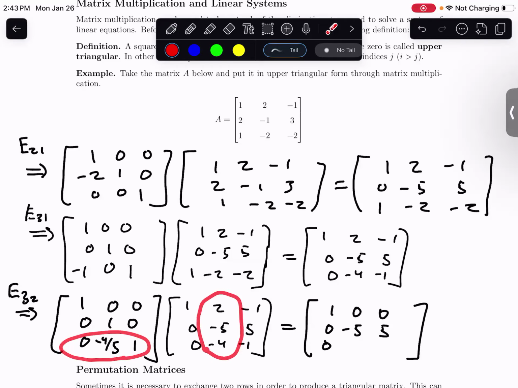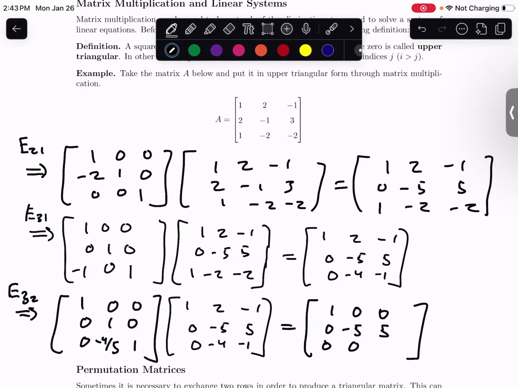So it's going to be 0, and then -4/5 times -5 will give you 4, plus -4, which gives you 0. So you have 4 minus 4 is 0. And then the 3-3 entry is the third row dotted with the third column. So you get 0, and then you don't get -1, you get a -4, and then you get a -1. So it gives you a -5.